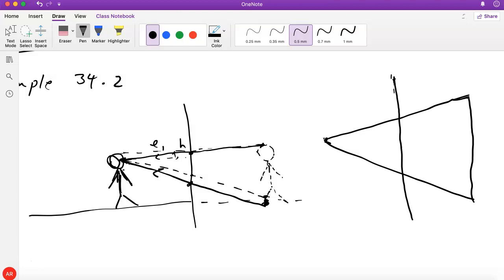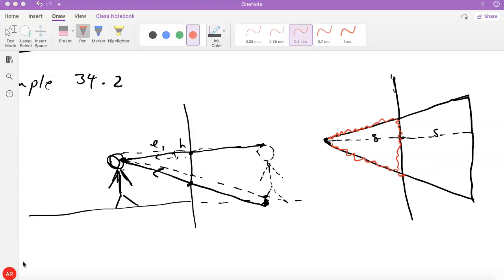So we know that the distance between you and the mirror, let's call it S, is the same as the distance between the mirror and the image. That's also S. So these are all similar triangles, right? And if you consider this triangle, let me show it in red here, it's going to be a similar triangle as the big one, and all the dimensions are half, right?